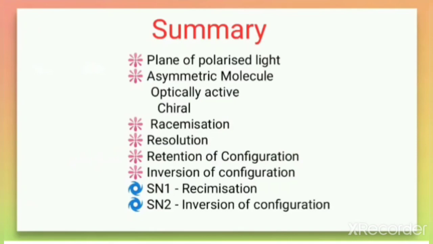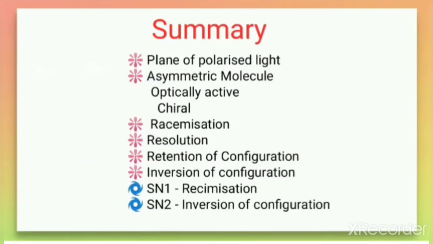In this video, we have discussed some of the important terms we use for the stereochemistry of SN1 and SN2 mechanisms, which are plane polarized light. Next is the asymmetric molecule having an asymmetric carbon, which is optically active and chiral.